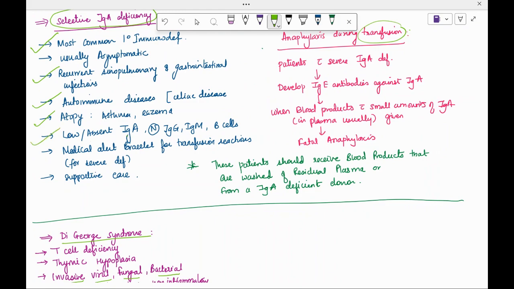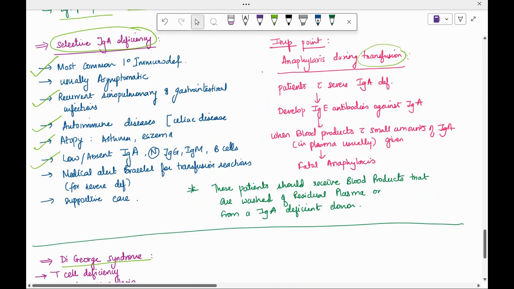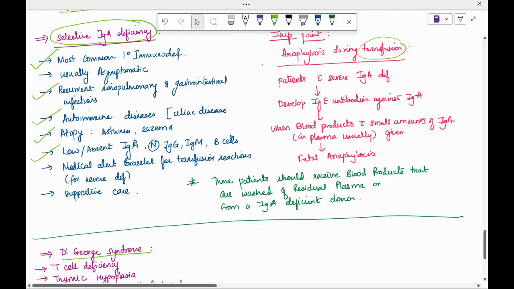Now usually what happens in these patients is when the patient is having a severe IgA deficiency, they develop IgE antibodies against IgA. So if you don't know and you give blood products which have small amounts of IgA, usually it is there in the plasma, there can be a fatal anaphylaxis.